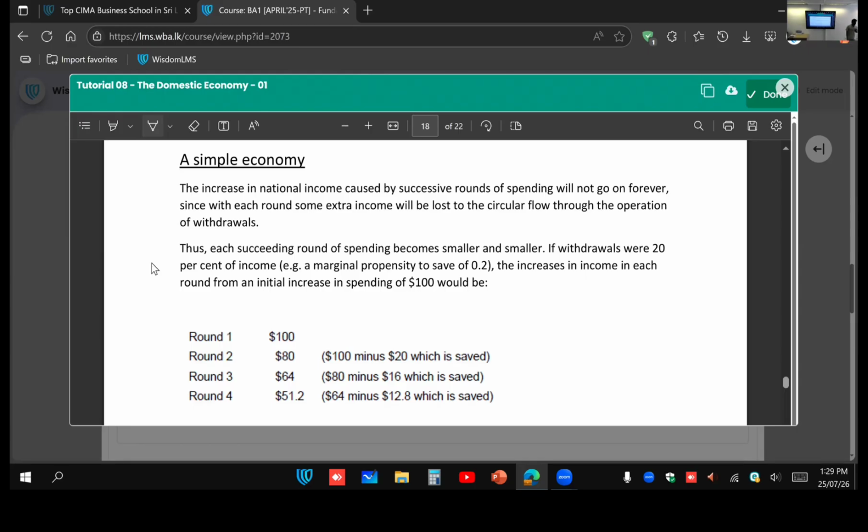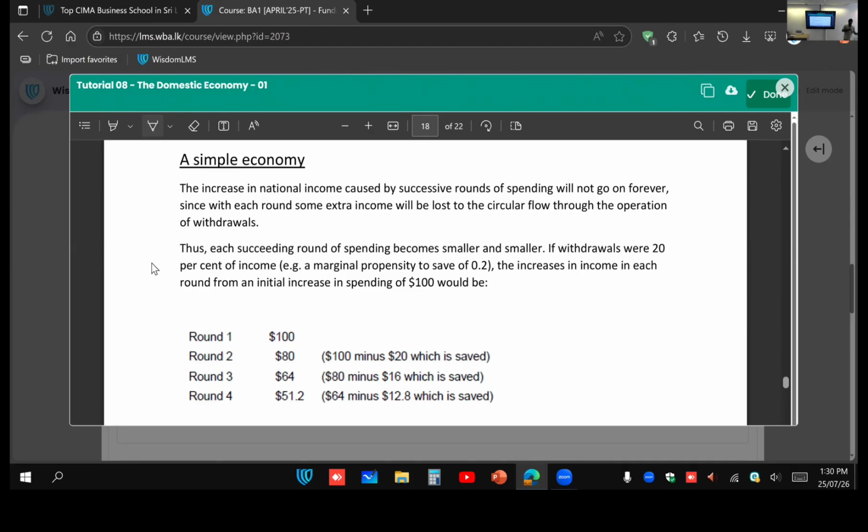That's not charity, right? Those are the withdrawals. So in the circular flow of funds, just like investments coming in, which would create a multiplier and accelerator effect, that will be nullified. Because from every round of investment, you should make a withdrawal too.